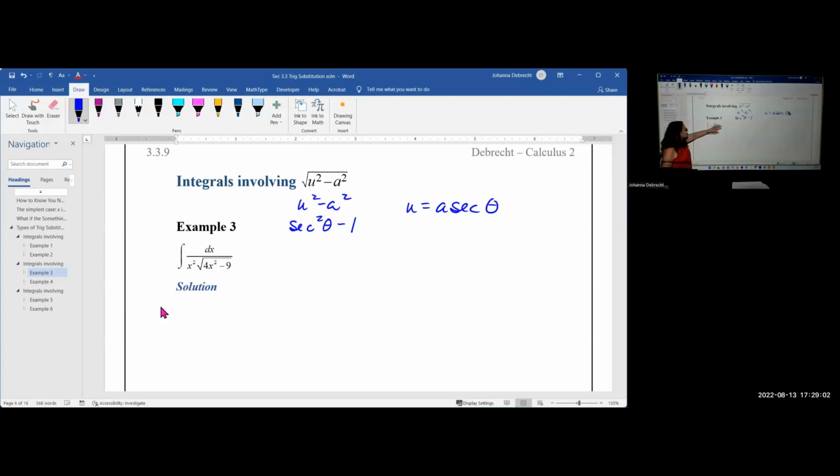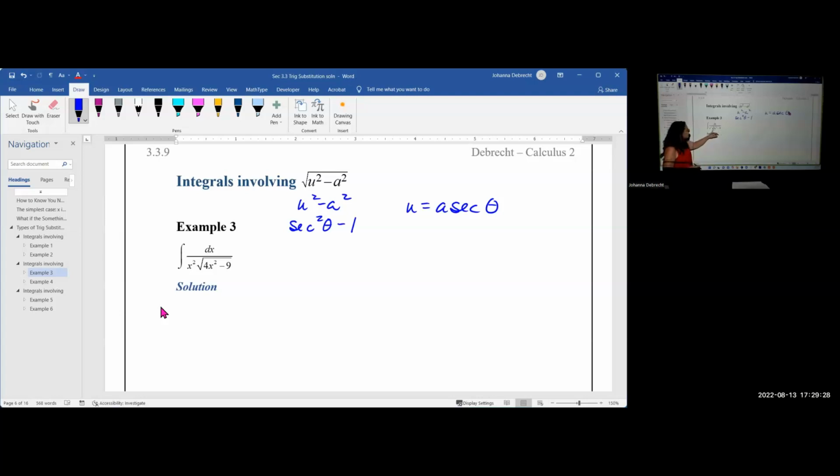So I look at the original, I try to identify the part that's calling for a trig substitution. It's this part under the radical. The x squared outside of it, I don't know how that's going to play out yet. It's just kind of sitting there for right now. Instead, it's this 4x squared minus 9. So what do we want to do with that square root of 4x squared minus 9?